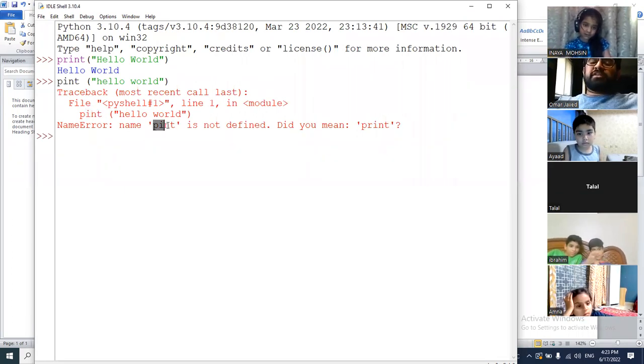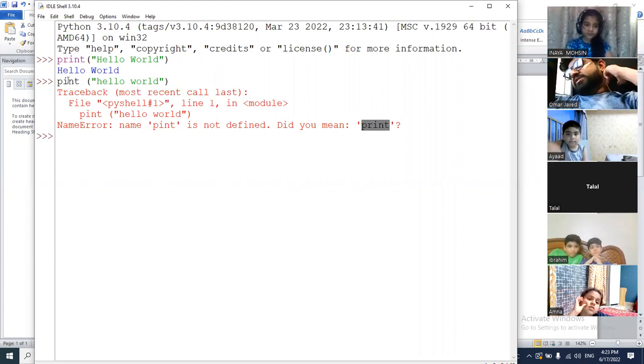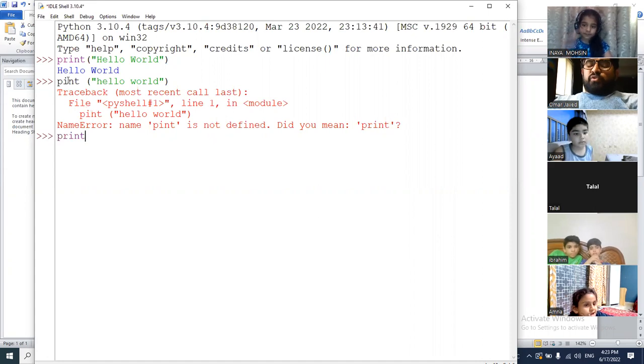Print is not defined. And it gives me a suggestion also, do I mean print? So actually I meant print. That kind of error would be called a syntax error, in which you wrote the wrong pattern or you misspelled a word.